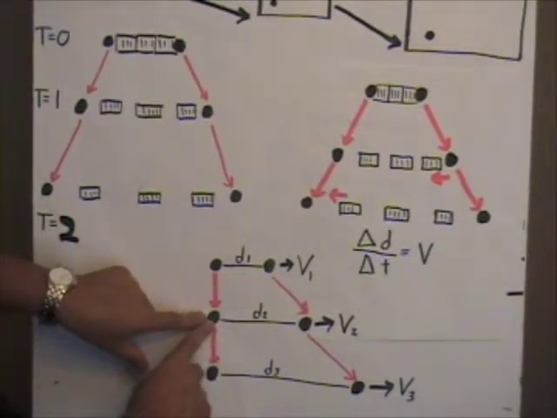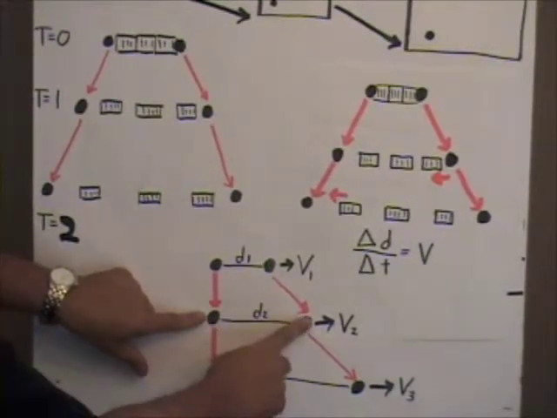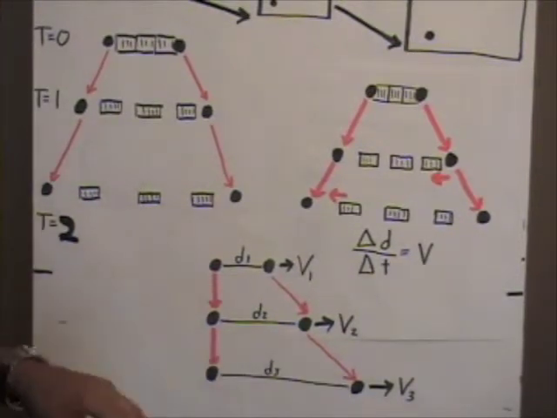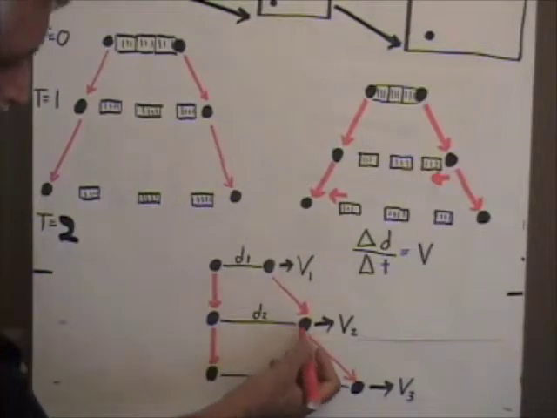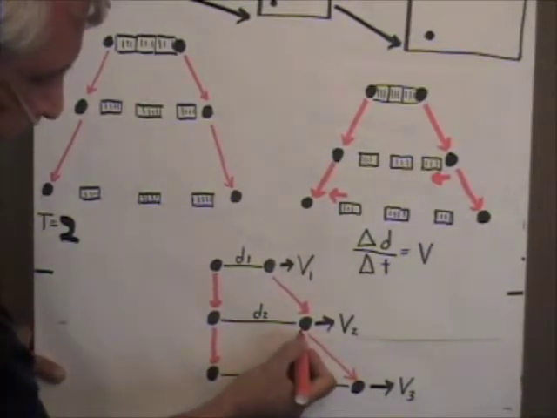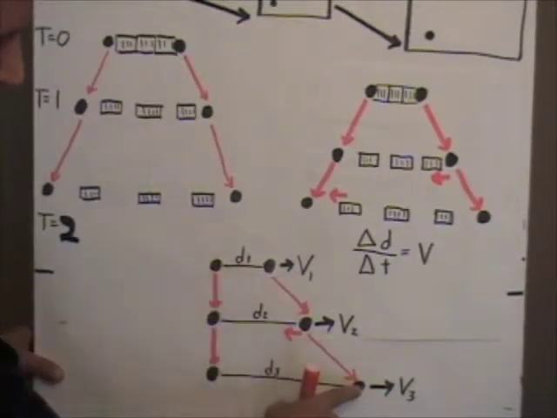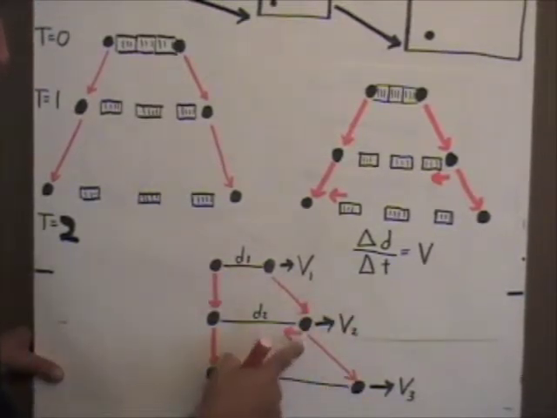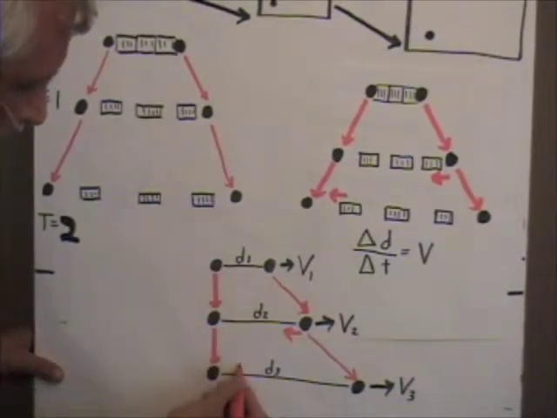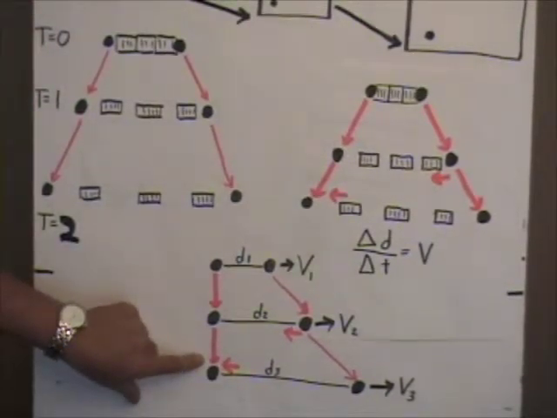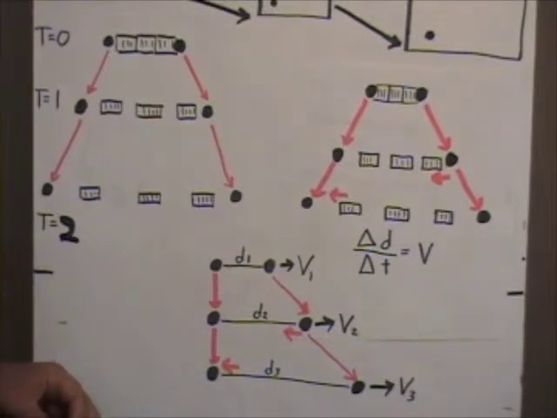At time equals 1, it's further away, and at time equals 2, it's even further away. And if the spaceship sent out a signal of light back to the Earth at any point while it had a recessional velocity, when the light is received on Earth, it's received with a Doppler redshift.